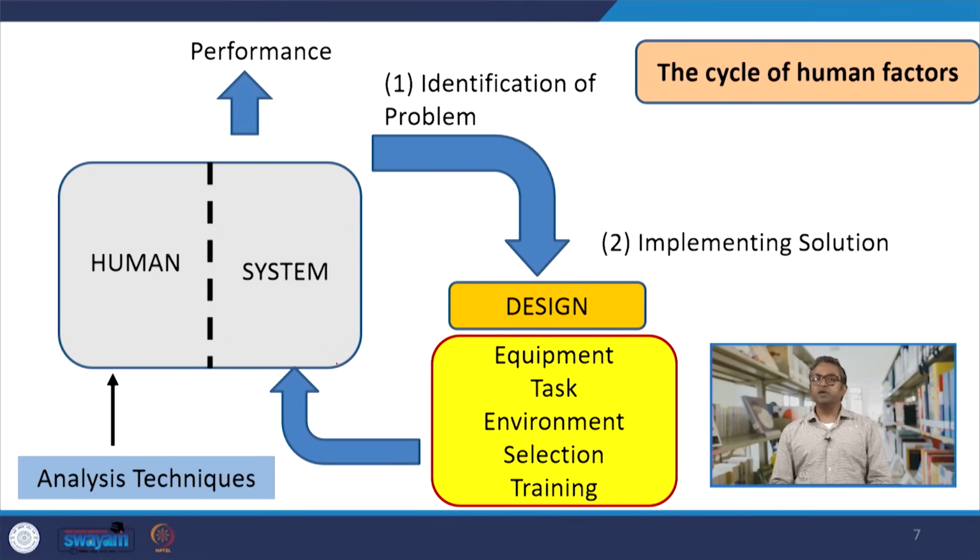A number of problems could be there. It is important for us to classify the problem, to categorize the problem. In the cycle of human factors, the first stage is the identification of the problem. There should not be any limitation to the identification of problems.